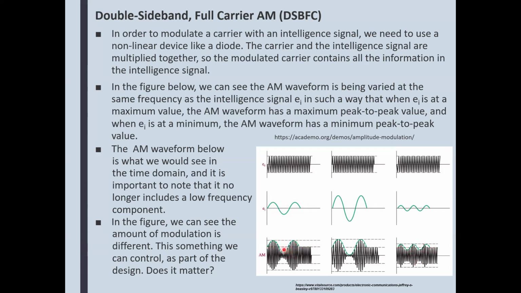So the frequency of the intelligence signal would carry the tone of the signal, higher tone or lower tone. And the strength of the signal is going to convey through the carrier the volume, loud or quiet.